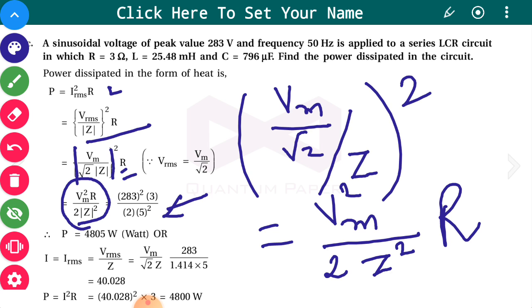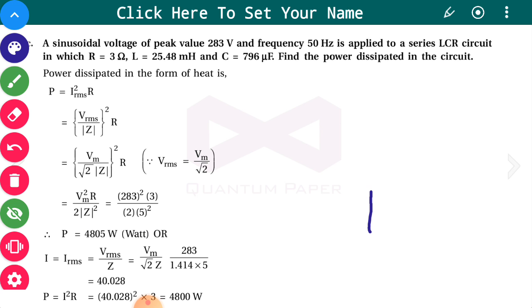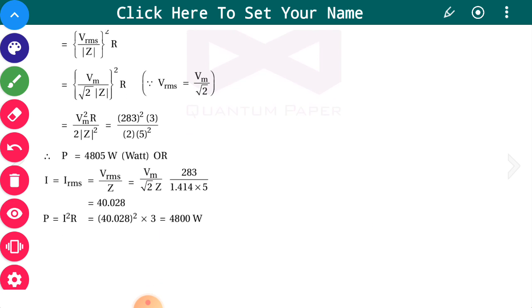So this equation you will get, that is Vm square R upon 2 into square of Z. Place the values and just get the answer. Vm is 283, resistance is 3 ohm, then 5 ohm is the impedance. So you will get the power to be 4805 watt.